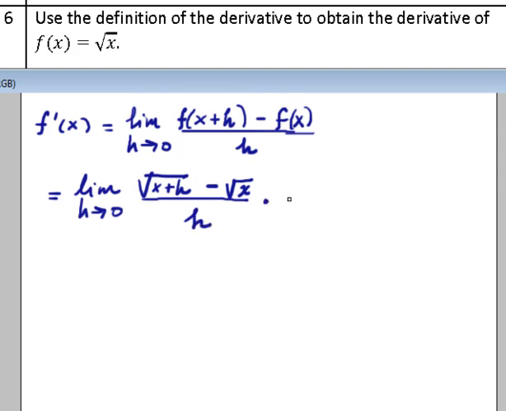All right, and we want to cancel an h from numerator and denominator, because we always have a 0 over 0 situation when we substitute in h equals 0. So to get an h out of this, we're going to manipulate by multiplying by the conjugate of the numerator, top and bottom.